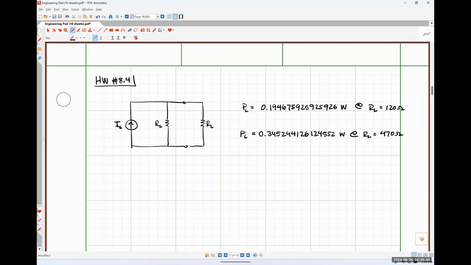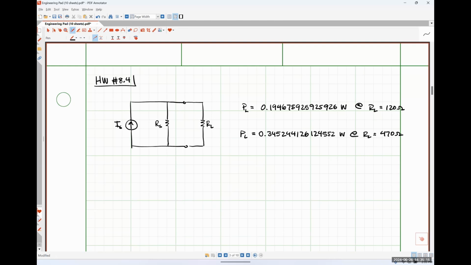And then we're asked a series of questions. So the hardest part of this particular problem is figuring out what the value of IS and RS is for this particular practical current source. Once we have those two pieces of information, then actually determining what the question asks is fairly straightforward. So let's figure out the hard part first, okay?